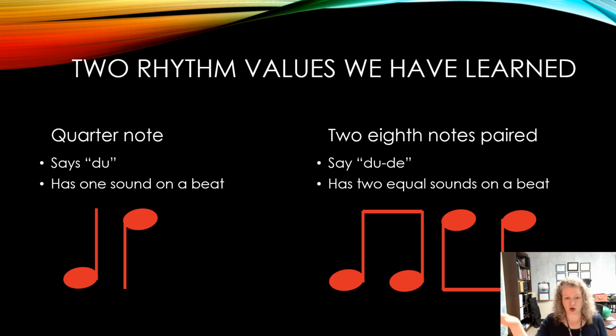The pitch is determined by the staff line, which we'll talk about in another lesson. Over on the right side, two eighth notes paired say do day. Did you say that with me? Do day. There are two equal sounds on a beat. And as you can see, they could be written with the stems going up and the beam at the top, or the stems going down and the beam at the bottom.